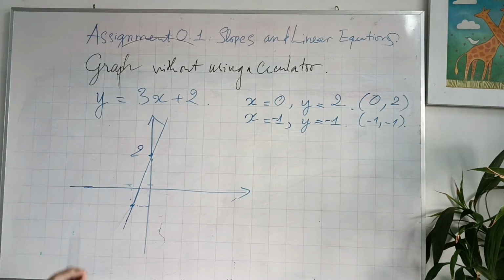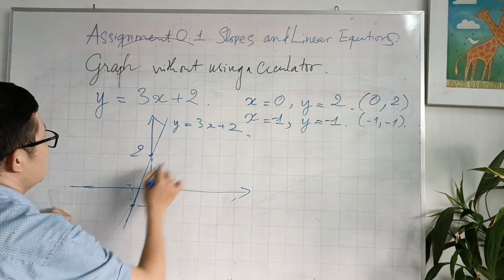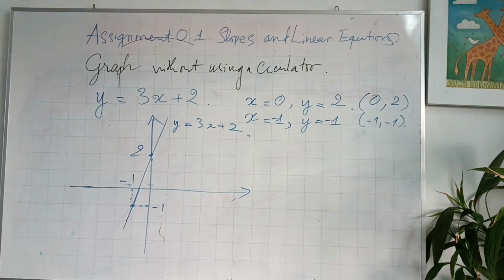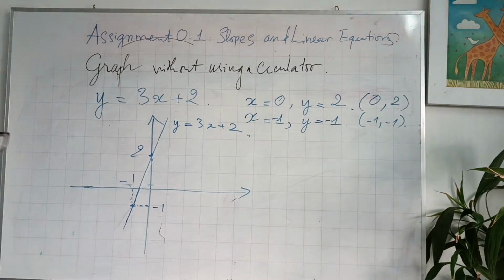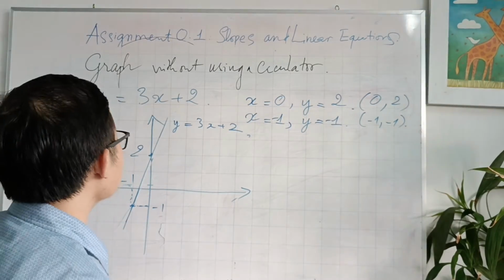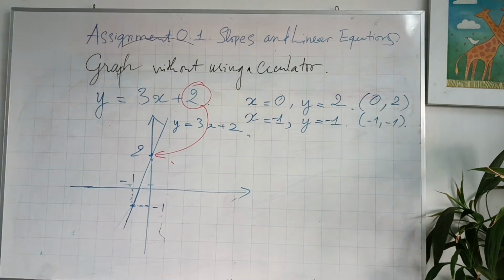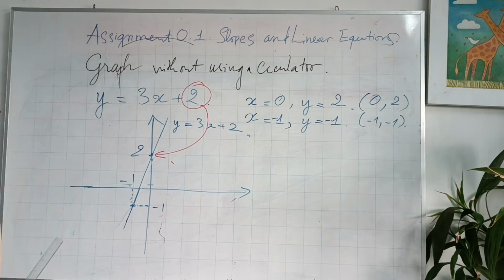Yeah, let's do the line y equals 3x plus 2, through negative 1, negative 1. The second way, option 2, you don't need to choose 2 points. You know that 2 is the y-intercept in the slope-intercept form. And it has a slope of 3, so rise over run is 3.